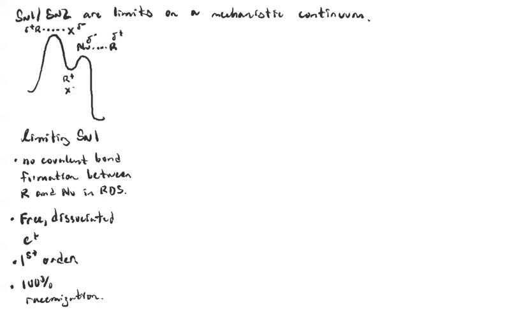And then we'll start at the other end of this spectrum with the limiting SN2 case. In that scenario, you've basically got a single transition state. And we know that in that transition state, we've got partial bond breaking between the substrate and the leaving group and partial bond forming to the nucleophile. So we can draw that up here.